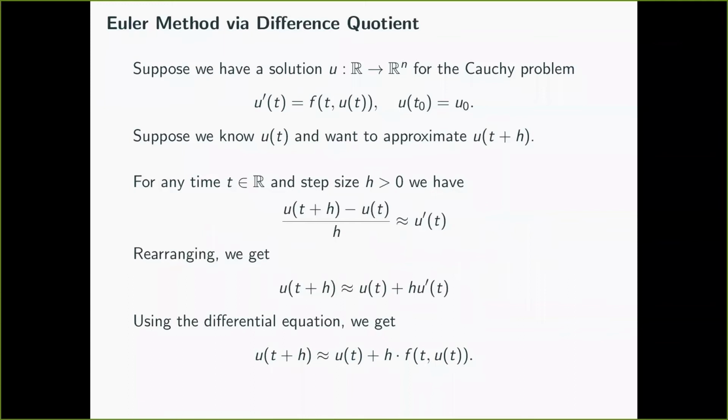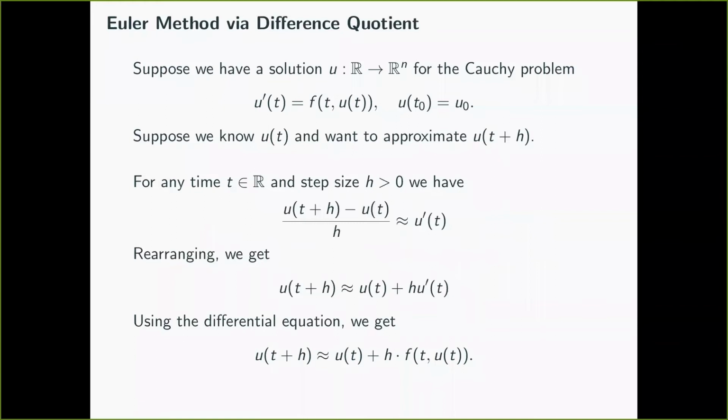Let us suppose this differential equation has a solution defined for all times, mapping into R to the n. Let's call the solution u. And okay, let us suppose that we already know u of t exactly, or perhaps approximately, and we want to approximate u at a later time, u of t plus h.